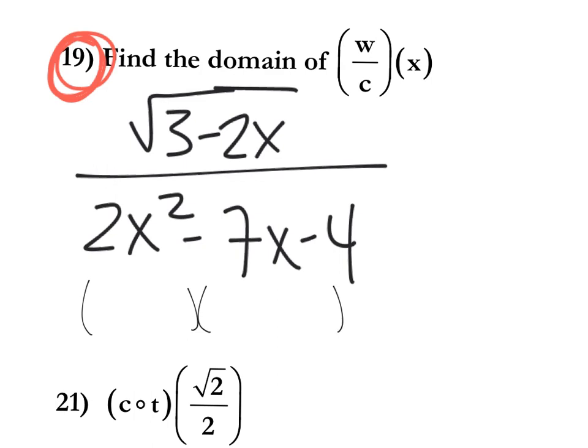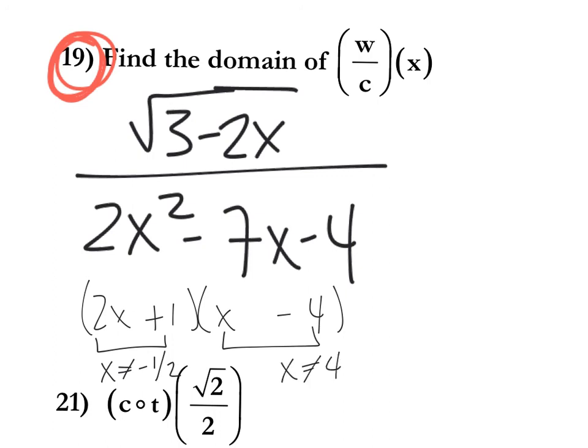So I want to do that. This is going to factor into 2x and x, -4 plus 1. Get that factored right? Yeah. So once I get it factored, the fact that this is in the denominator means that x cannot be equal to -1/2. This says that x cannot be equal to 4.